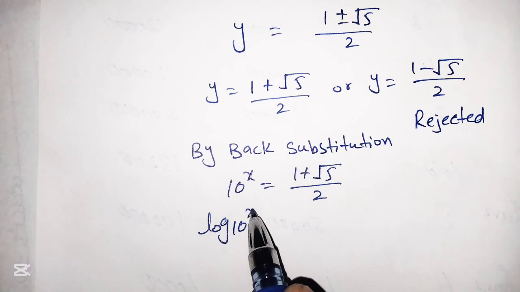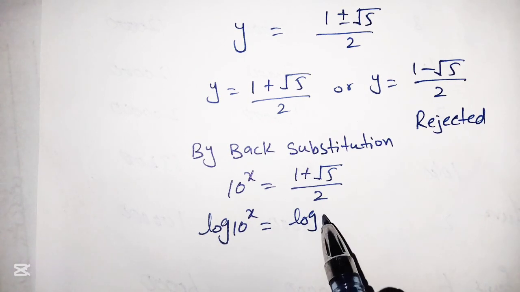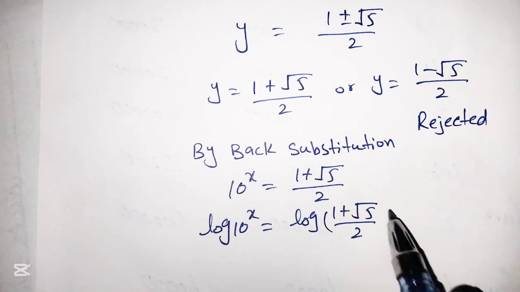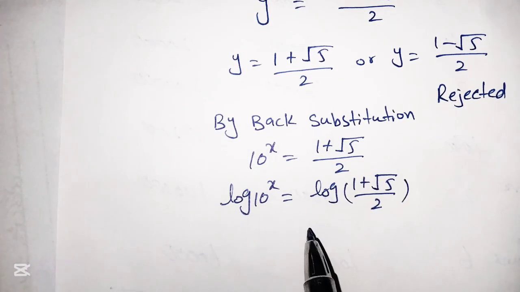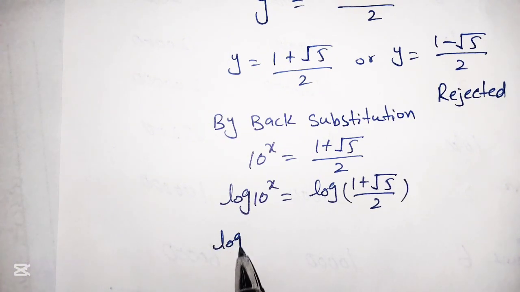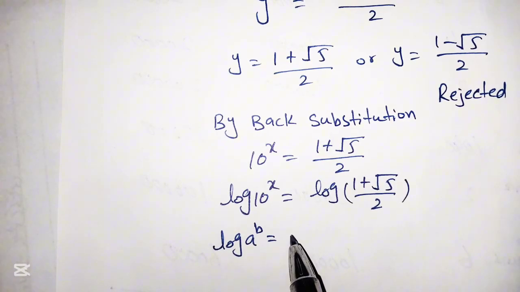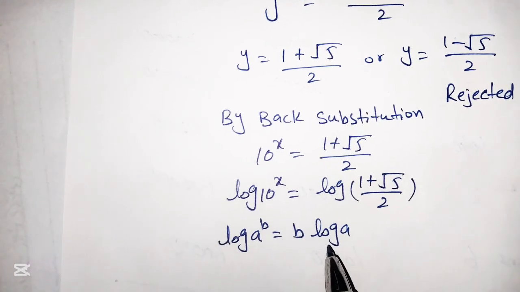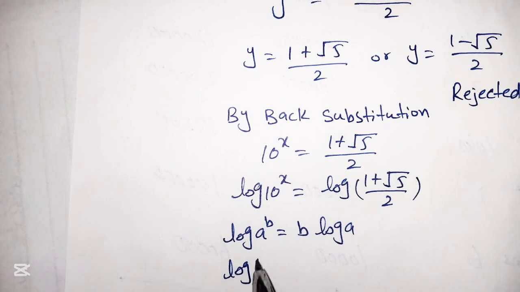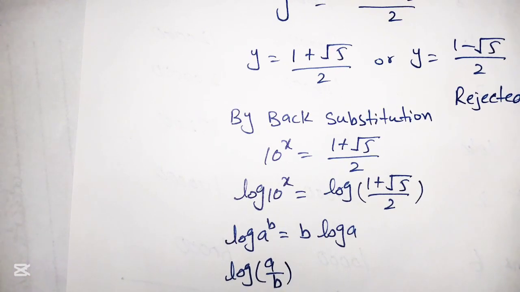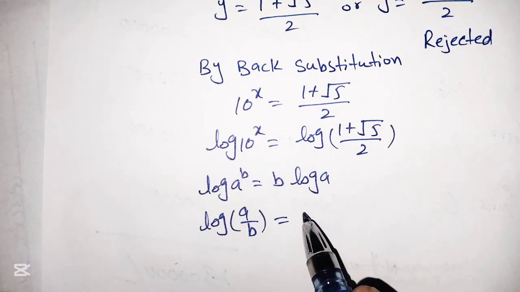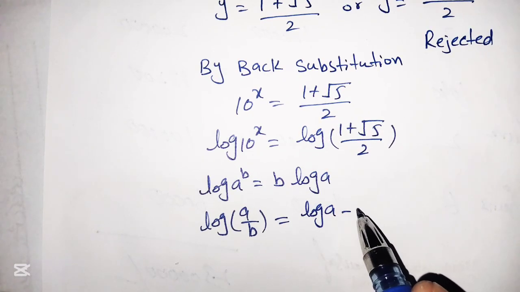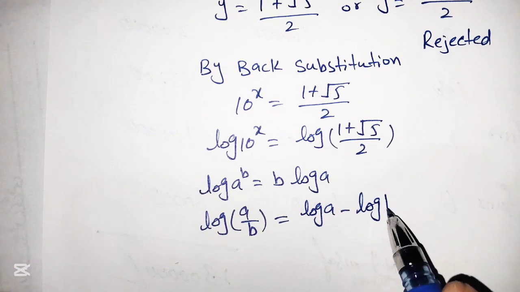So log of 10 raised to power x is equal to log of 1 plus square root of 5 over 2, and here we apply two properties of logarithm: log of a raised to power b is equal to b times log of a, that is the power is multiplied, and log of a over b, if two terms are dividing, we can write them with separate logs by subtracting, log of a minus log of b.